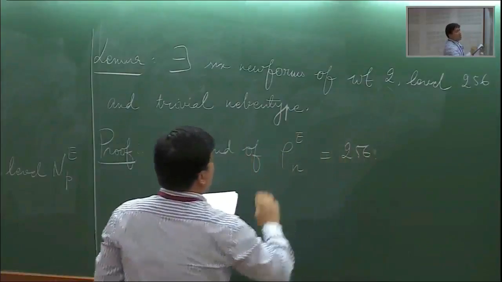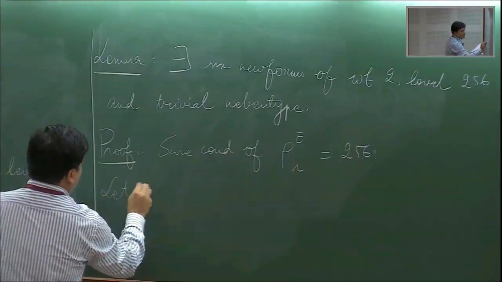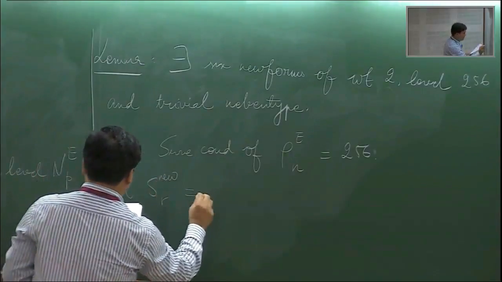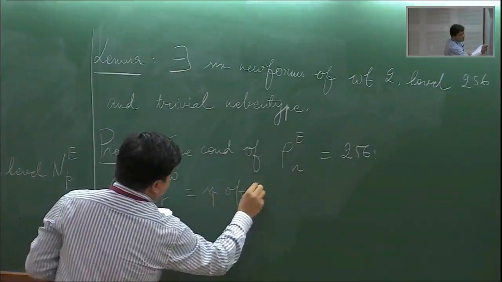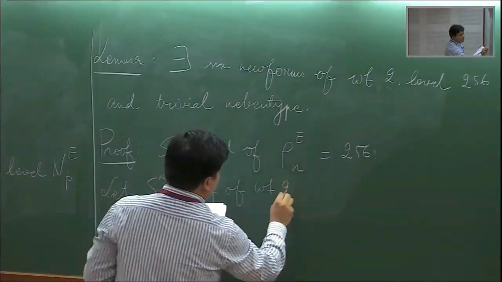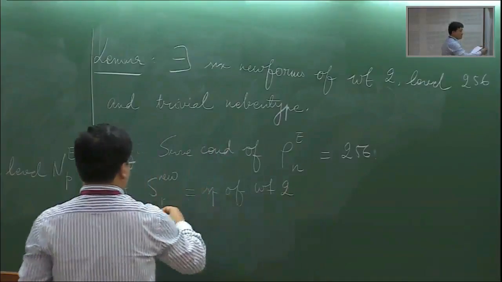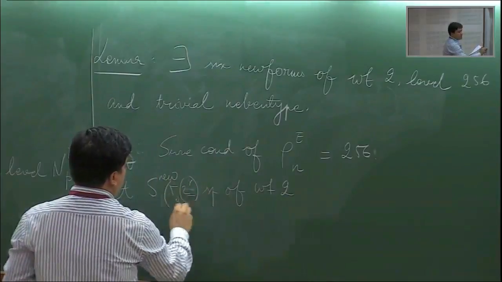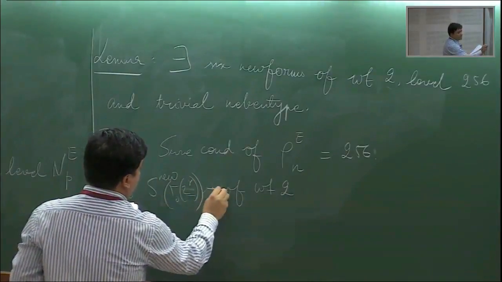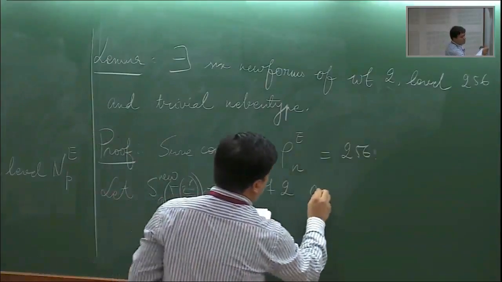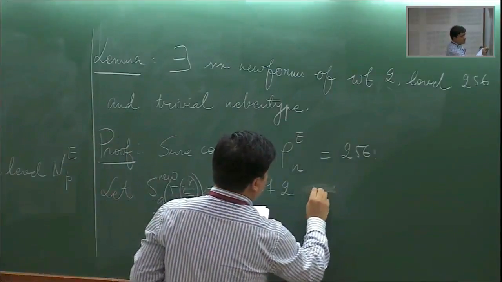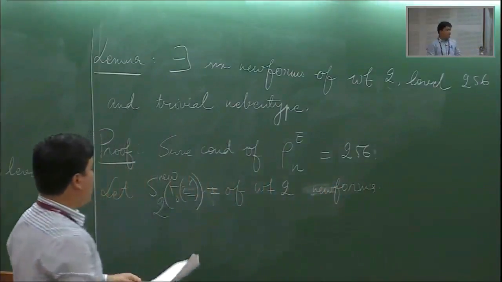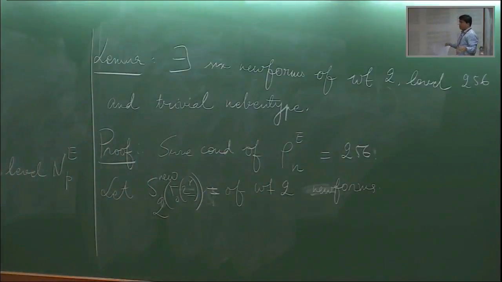Now, so let here S, so this is some general notation. So this is the space of weight 2, okay, so this is S_2 of Gamma_0(2^r). Okay, so this is the space of weight 2 newforms. This is a subspace of the space of cusp forms. And on the space of cusp forms, there is something called the Petersson inner product.